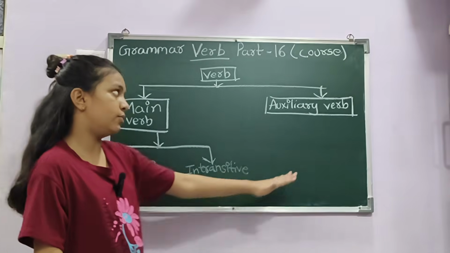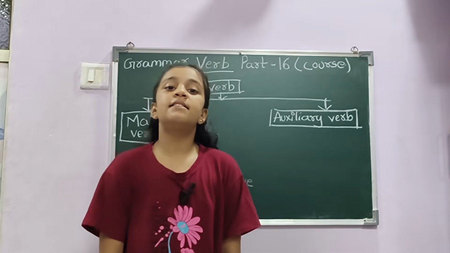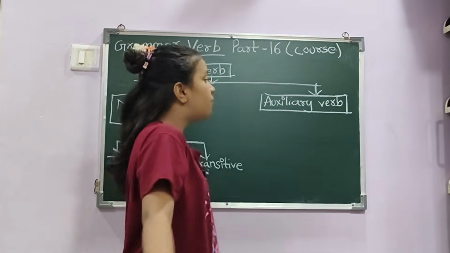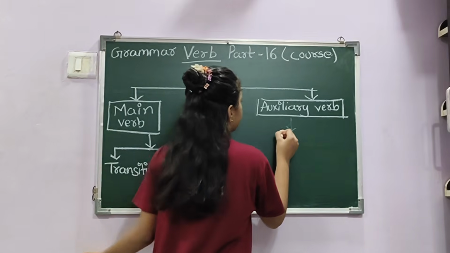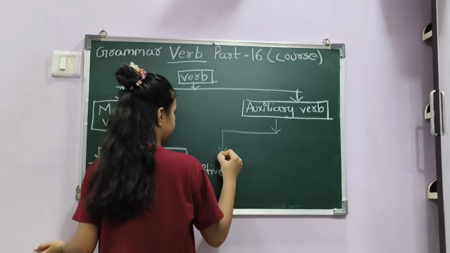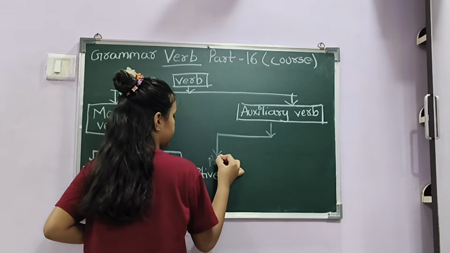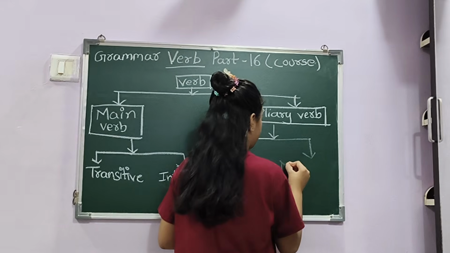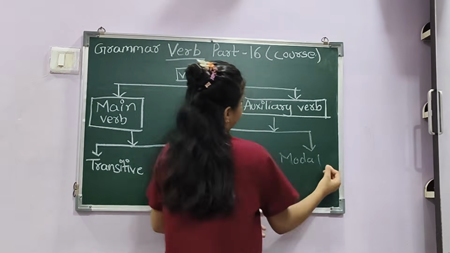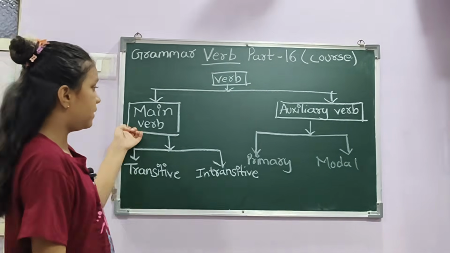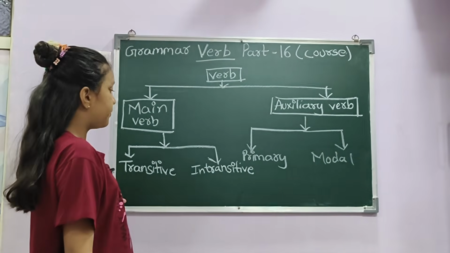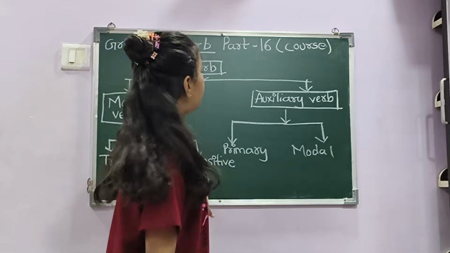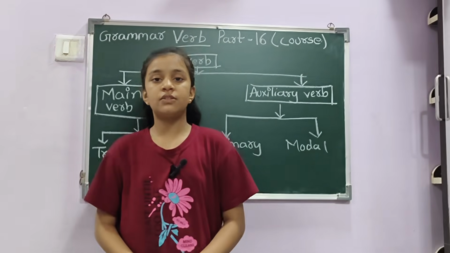The auxiliary verb also has two types: first is primary and second is modal. So there are two types of verb, main verb and auxiliary verb. The main verb is divided into two types, transitive and intransitive. The auxiliary verb is divided into two types, primary and modal. Understood?